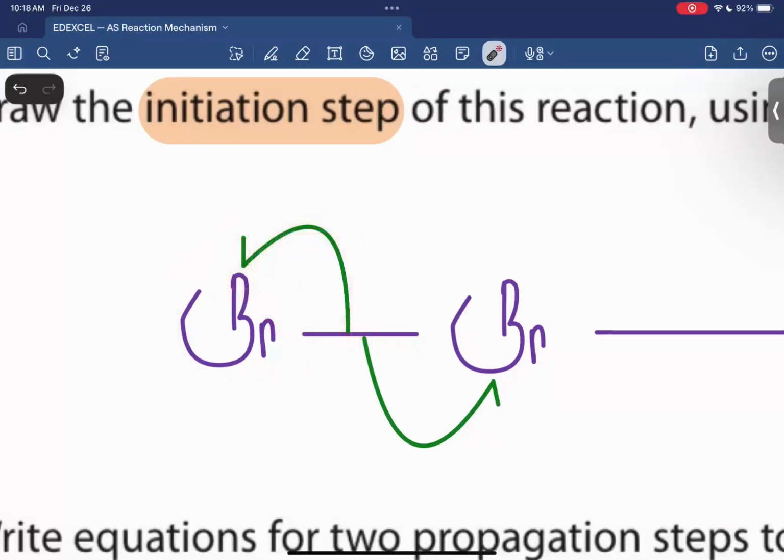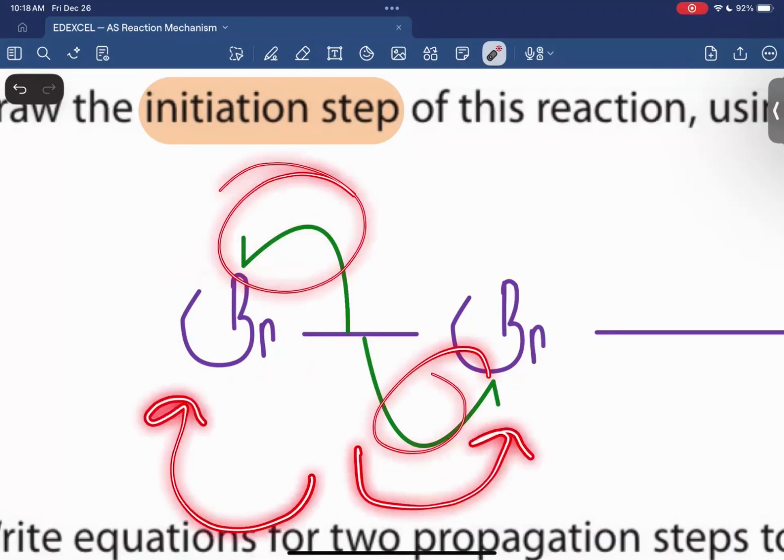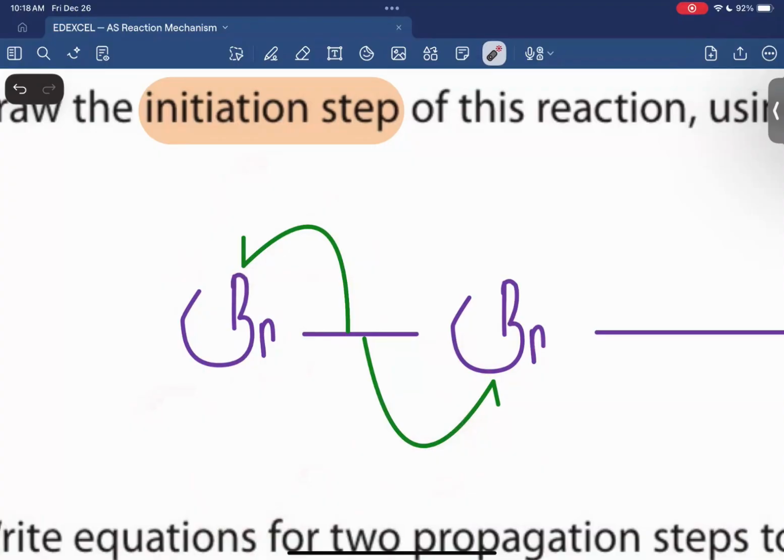Now, this is an important thing that you have to understand. The arrow should be half and not full. And you should also know the name of the process, the bond breaking process. This is homolytic fission.